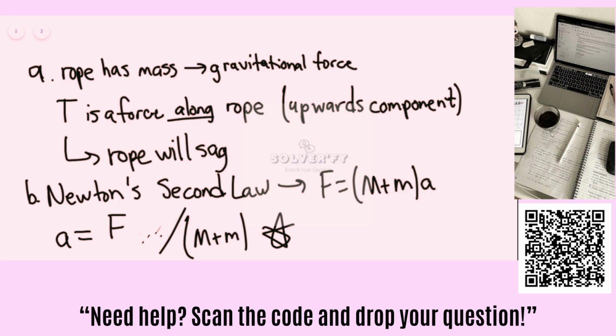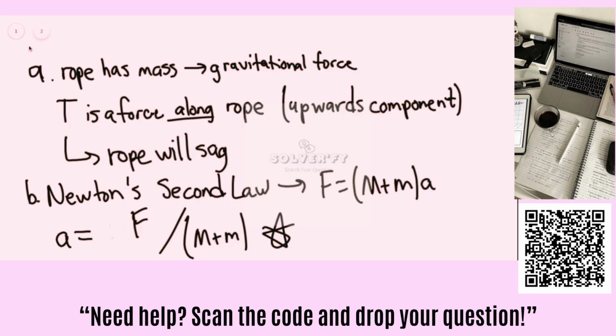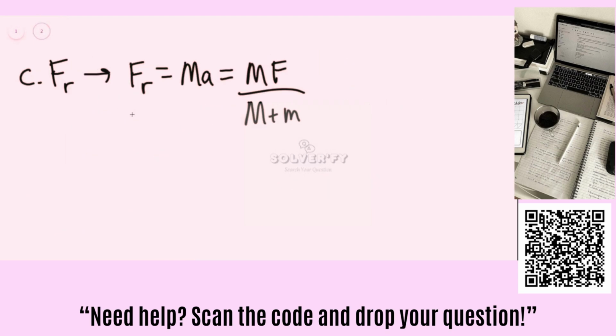To avoid confusion, we can just call this F. So the F that was given in part B, divided by the total mass of the system, we're essentially just plugging in for the acceleration that we have found in part B. And so we can say that, again, the force of the rope would simply be equal to MF over M plus m.